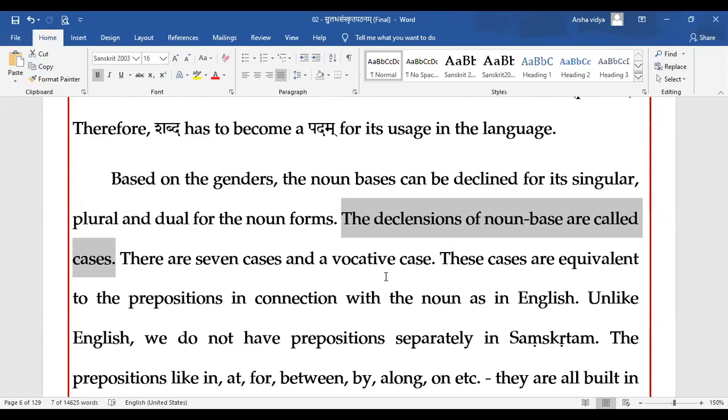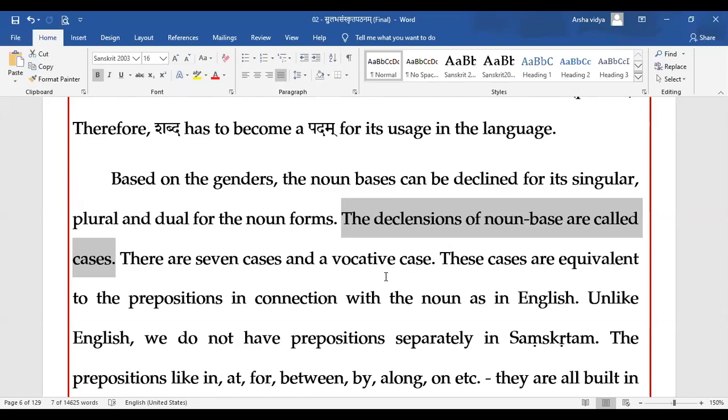Therefore, 8 into 3, 24. 24 namapadams can be derived from a shabda by adding the corresponding suffixes, and these namapadams have the prepositional meaning inbuilt.